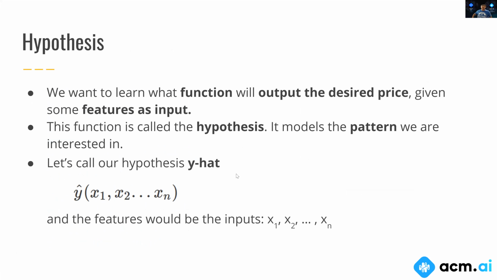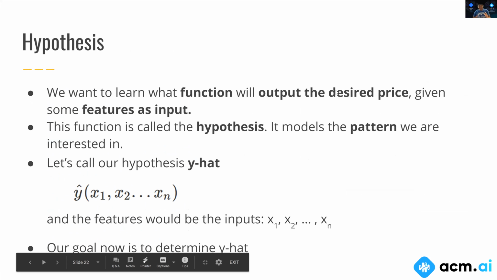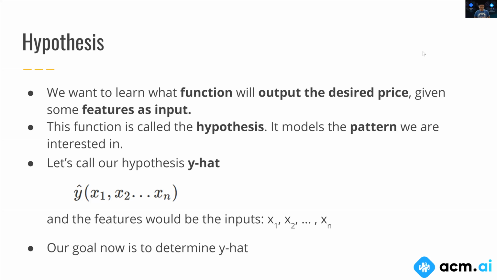All right, cool. So all of this, at the end of the day, is to figure out a function. What is a function? Pretty simple. It takes in some input values and gives us an output, and this function is going to give us the desired price.